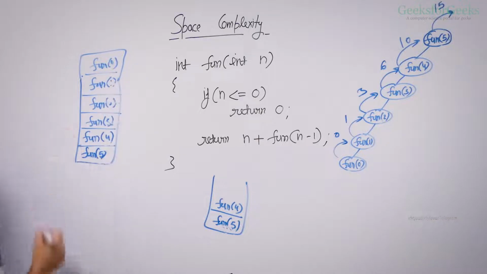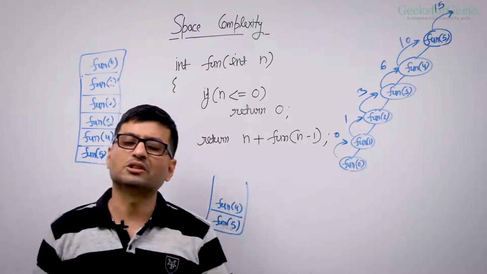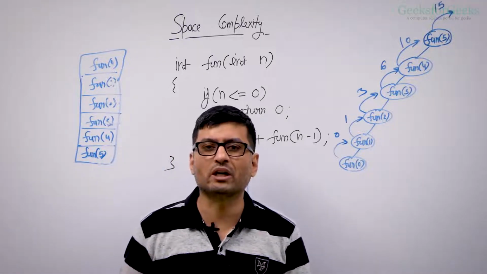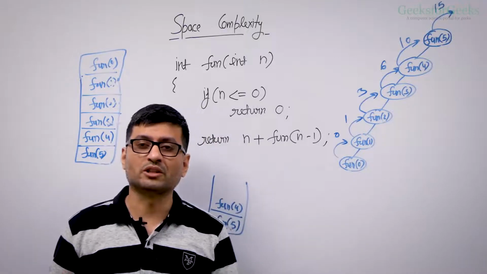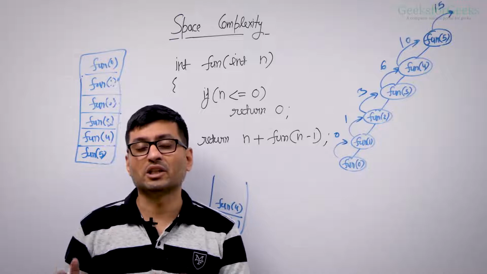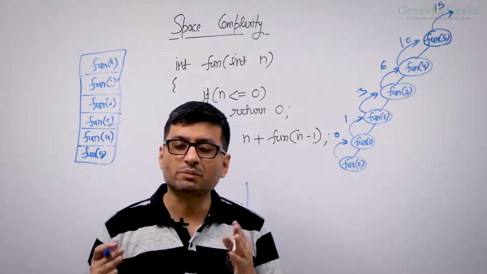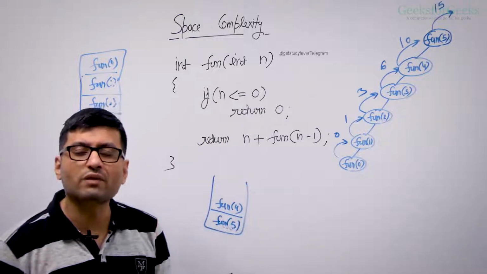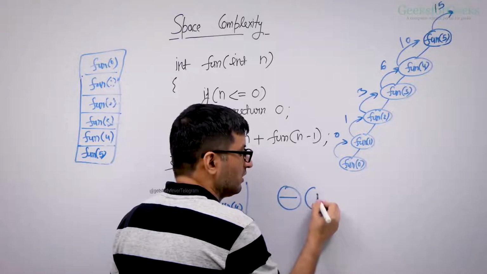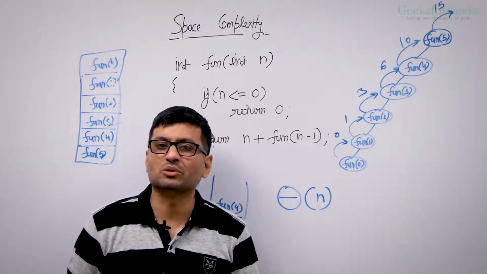So you need to have space for 6 function calls. N plus 1 is the extra space required in the worst case. There is a moment when you have n plus 1 function calls stored in the function call stack, right? N plus 1 function activation records stored in the function call stack. So the space complexity required for this program is theta n. N plus 1 can be written as theta n. And you can also say auxiliary space for this program is also theta n.